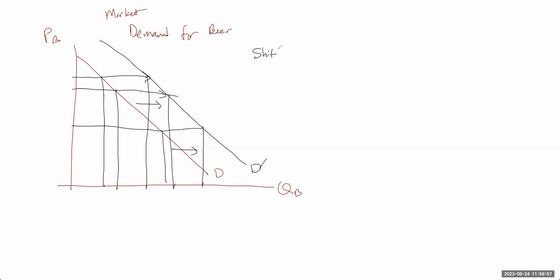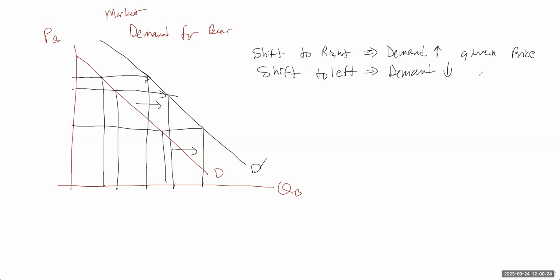So shift to right means demand increases given price. And the opposite is true: shift to left means demand decreases given price.